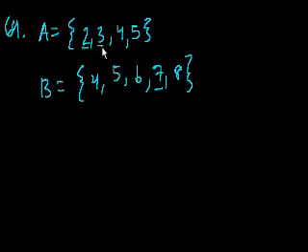If I pick 3 from this set, I have to pick 6 from here. If I pick 4 from this set, I have to pick 5 from here. If I pick 5 from this set, I have to pick 4 from here. So no matter what, I'm going to pick one of these numbers from set A. It's going to be 2, 3, 4, or 5. And depending which of these I pick, I have to pick the exact right number from set B.